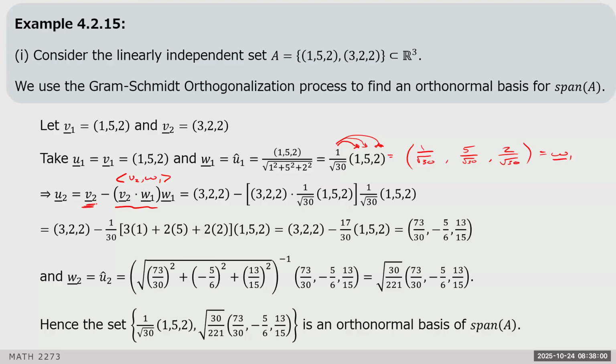We only have one W before. Then you scale it by W1. The dot product is the inner product for Rn, which is why they switch to the dot product. If you were doing this for polynomials, there's no dot product for polynomials, so you would need to use the integral one.